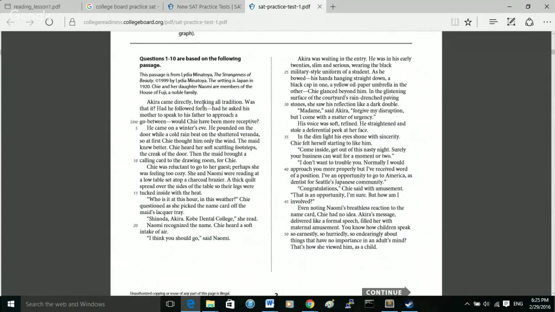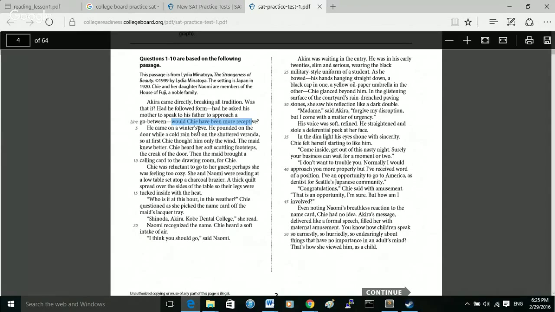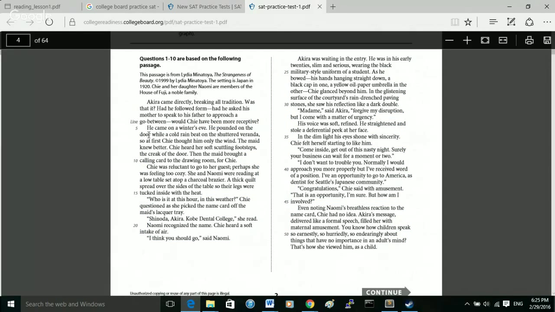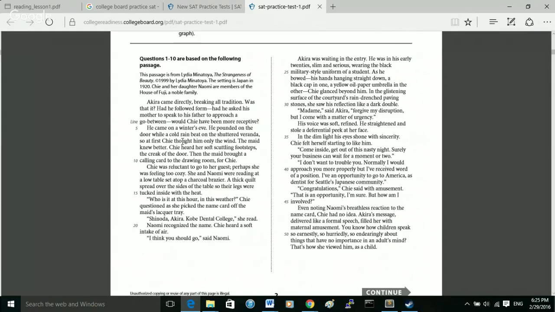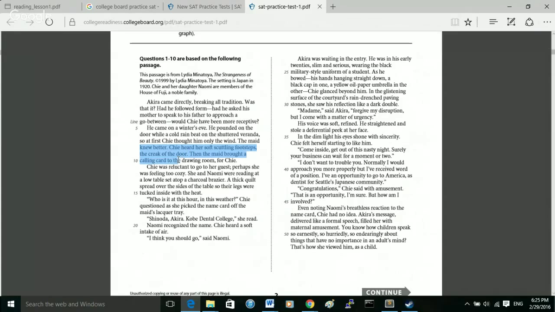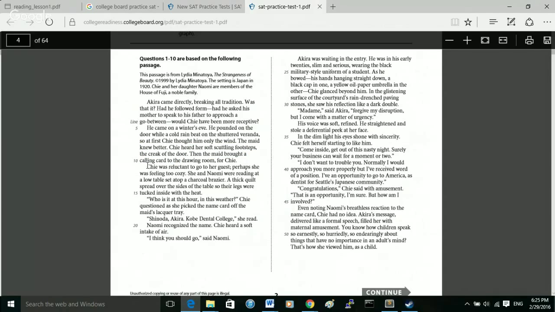Akira came directly, breaking all tradition. Was that it? Had he followed form? Had he asked his mother to speak to his father to approach a go-between? Would she have been more receptive? He came on a winter's eve. He pounded on the door while a cold rain beat on the shuttered veranda. So at first she thought him only the wind. The maid knew better. She heard her soft scuffling footsteps, the creak of the door. Then the maid brought a calling card to the drawing room for Chi. She was reluctant to go to her guest.